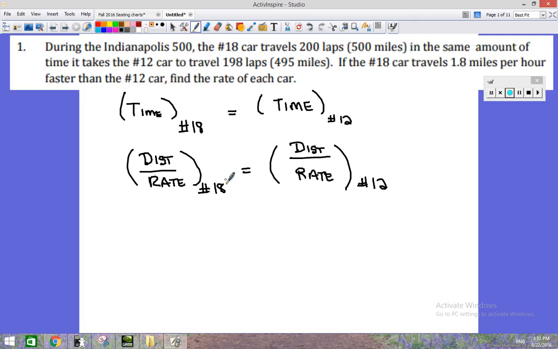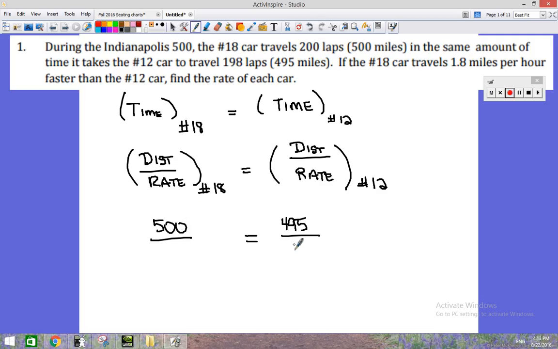So the distance that the number 18 car traveled, it told us, was 500 miles. And the distance that car number 12 traveled wasn't as much, it was 495 miles. And see, the time was the same, so that's why we have this equality. The rate: car number 18 was traveling faster.